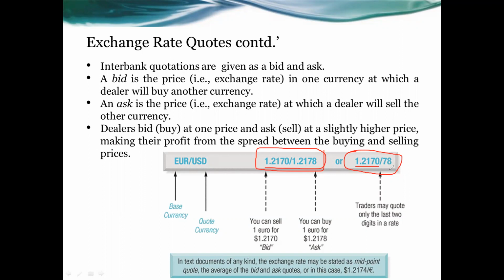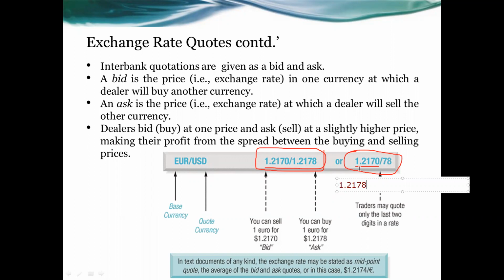Right? So the last 2 digits indicate that it should be 1.2178. These last 2 digits represent the ask rate.